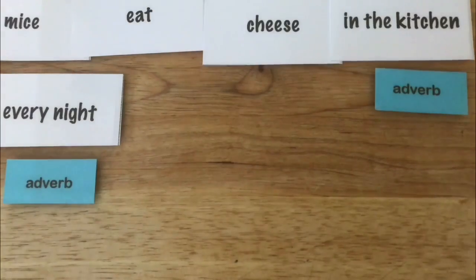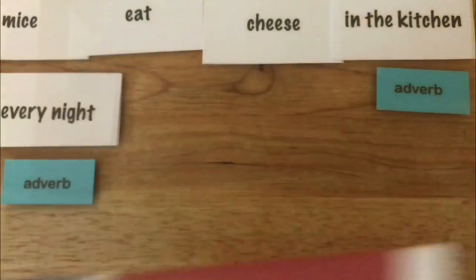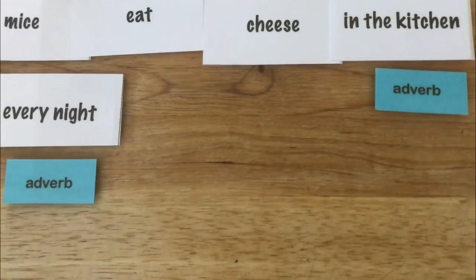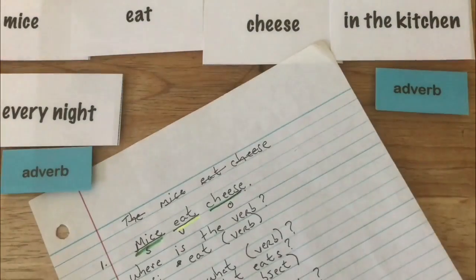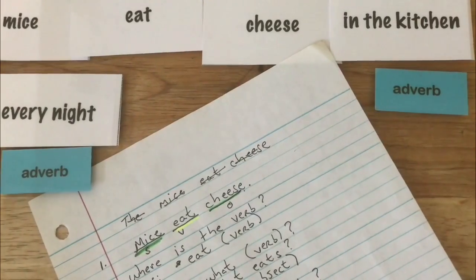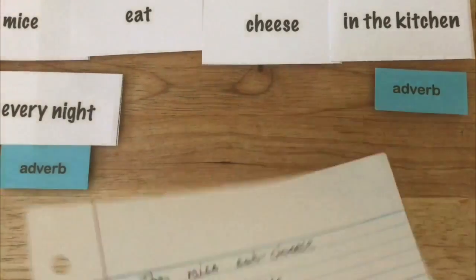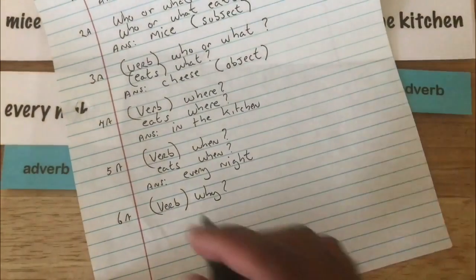You see, we can continue this. Let's ask the next question. Eats why. And I'll write my question down. Question 6. Verb why. You see, you can see me doing that here. Verb why.